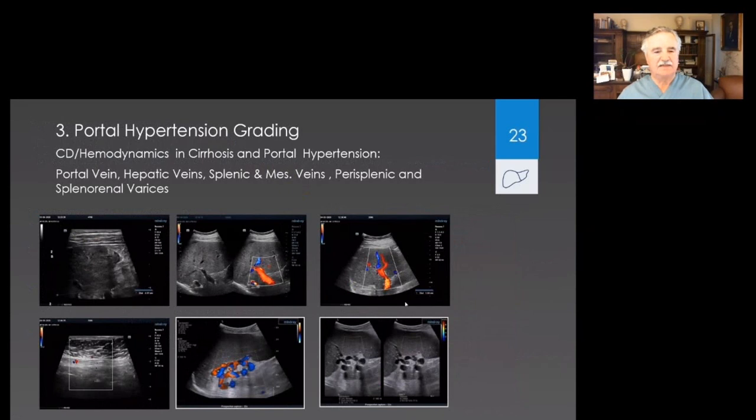Let's see how hemodynamics in cirrhosis and portal hypertension may be seen in ultrasound. This is, of course, a cirrhotic liver.